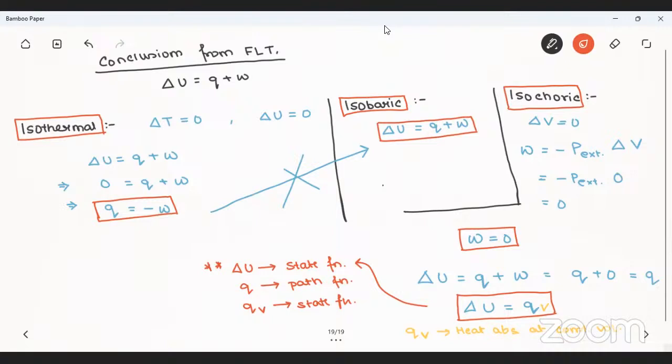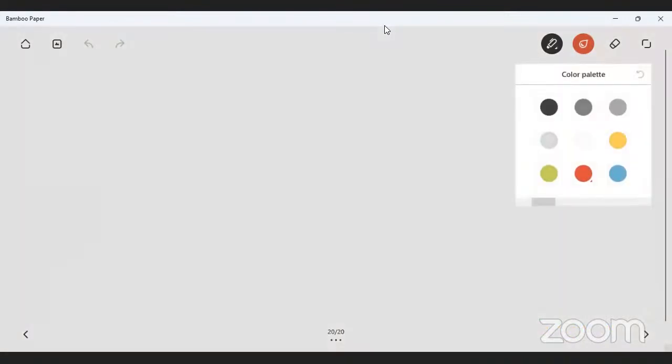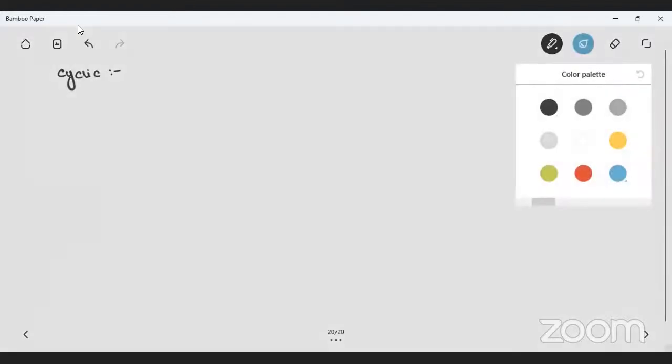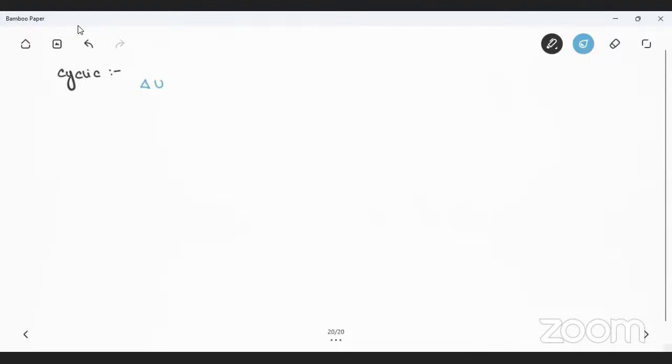Yes, ma'am. Try replying fast, then I will be solving a lot of questions with you. Then for cyclic process, what happens? In yesterday's class, I told you that for a cyclic process, all the state functions are 0.